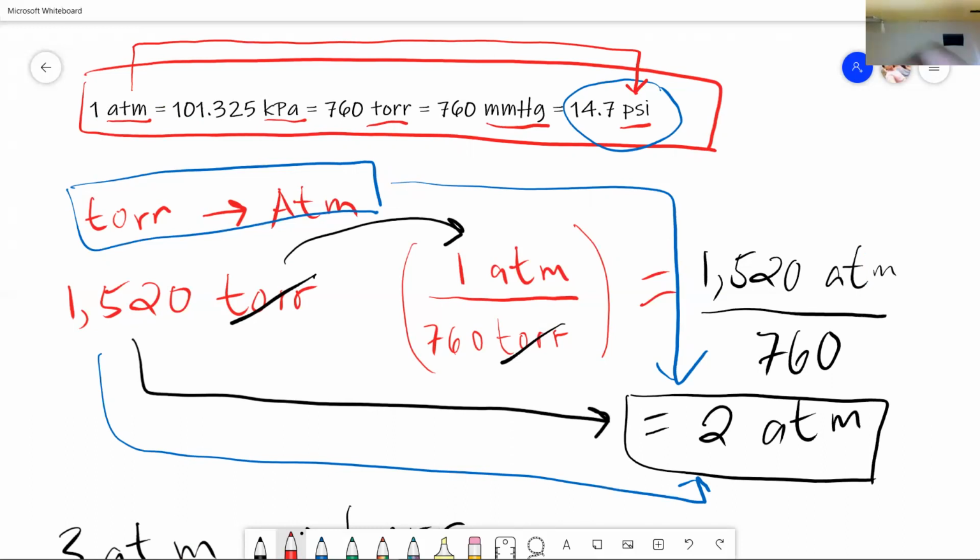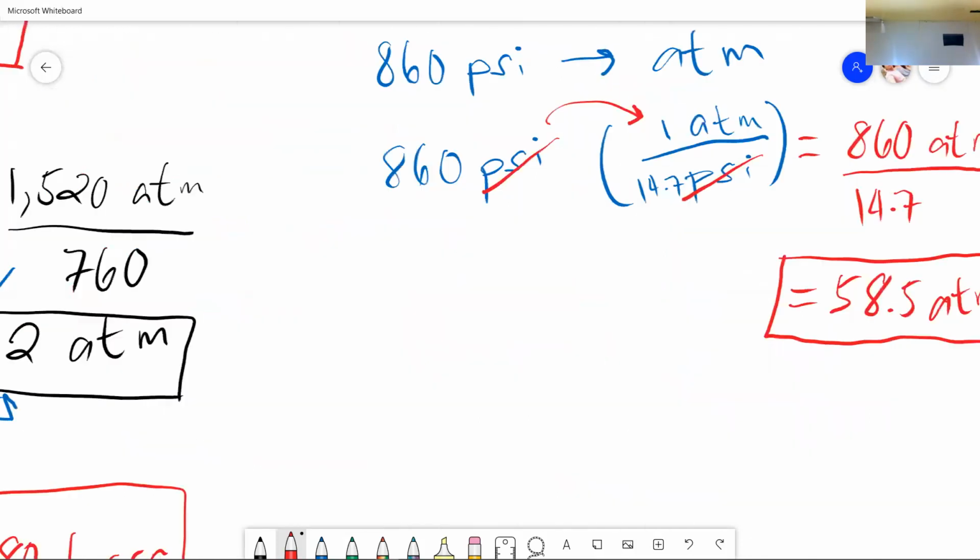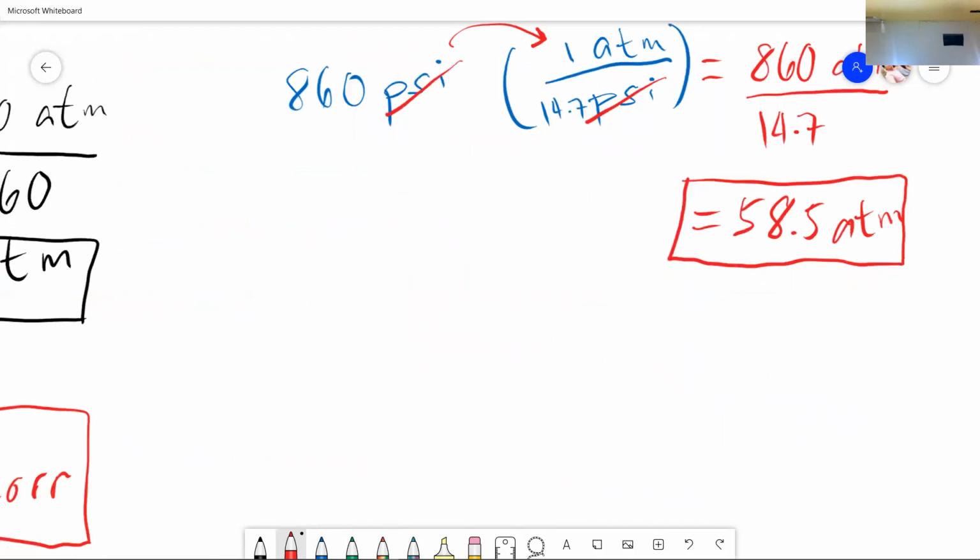What if we reverse it? What if you're asked to convert from ATM to psi? Let's use 58.5 ATM to psi.